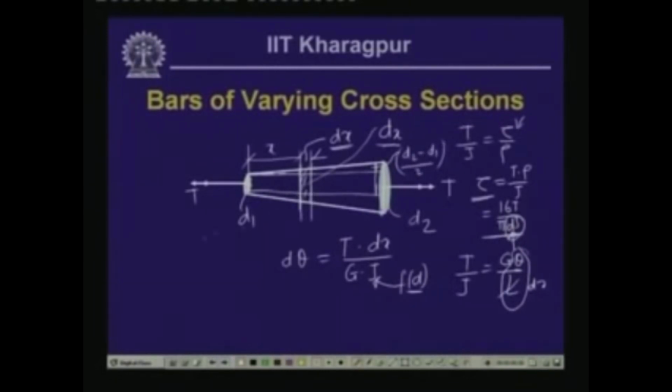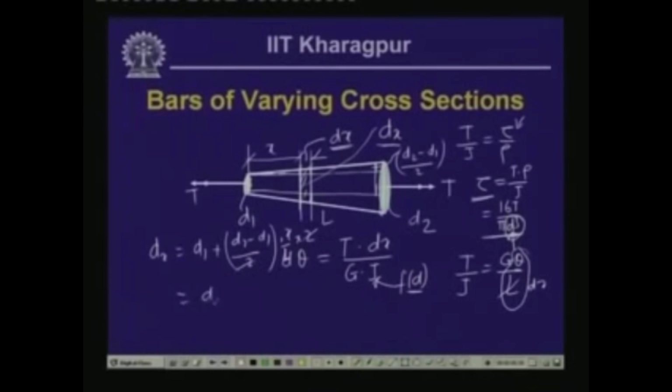So, the length dx is equal to d1 plus (d2 minus d1) by 2 times x by L, if L is the length of this bar. Since we will have to add this side plus this side, so twice of that. These two will get cancelled.